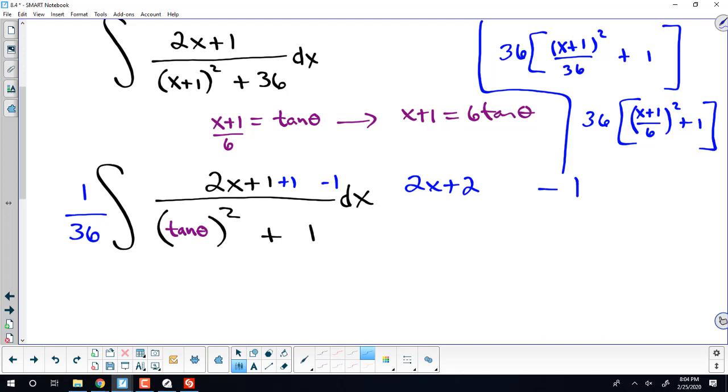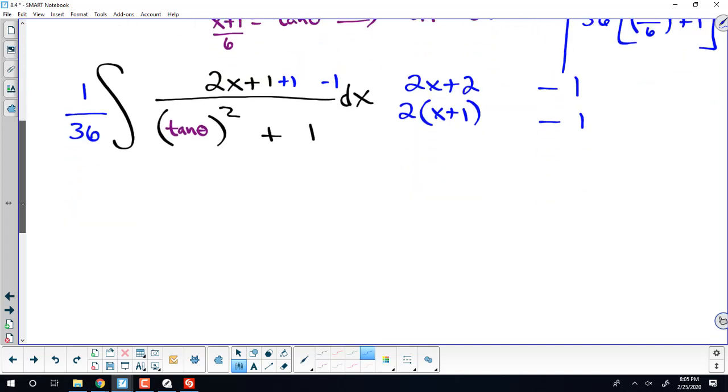You can rewrite it as 2 times the quantity x plus 1, and then rewrite that as 2 tangent theta. Does everybody see that? Is that where you're going? Yeah. Okay. So for this 2x plus 1, we add 1 and subtract 1 on the top. Then we have 2 times x plus 1 right there, minus 1. We know that x plus 1 is 6 tangent, so we have 2 times 6 tangent theta, minus 1.